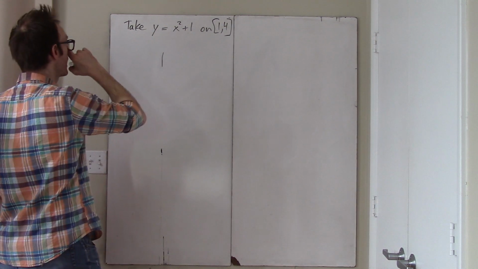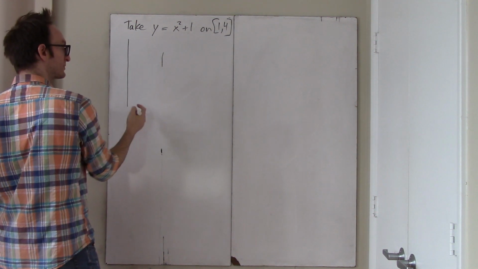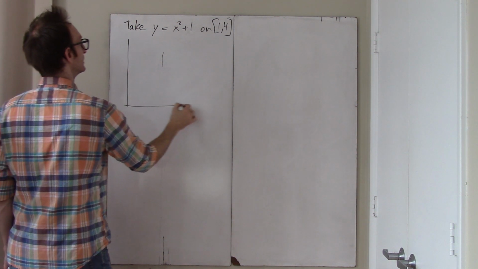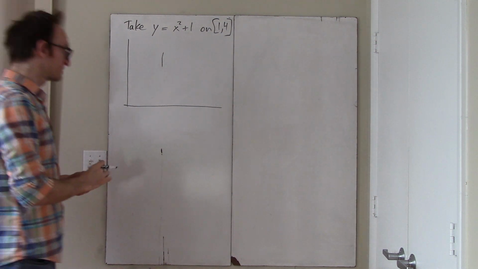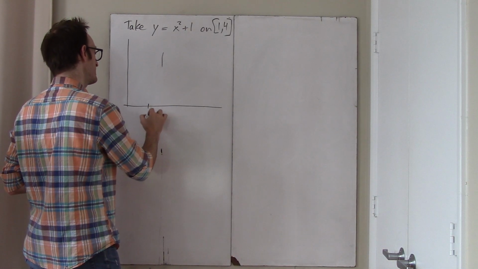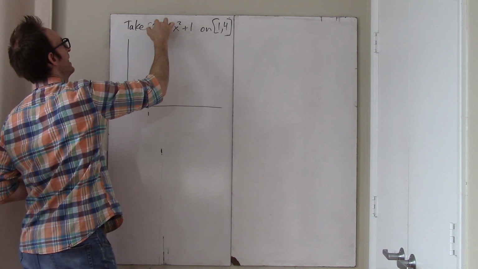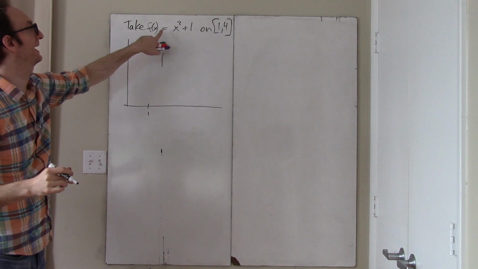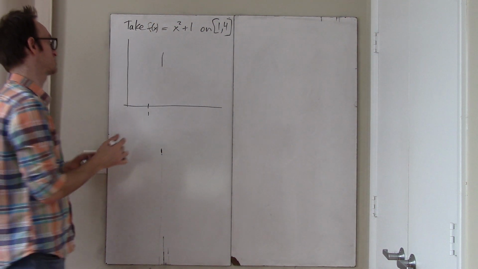Okay, so let's go. What does y equals x squared plus 1 on the interval 1, 4 look like? Well, first of all, here's 1. If I plug 1 into, maybe I'll just call this f, then I get back, of course, 2.